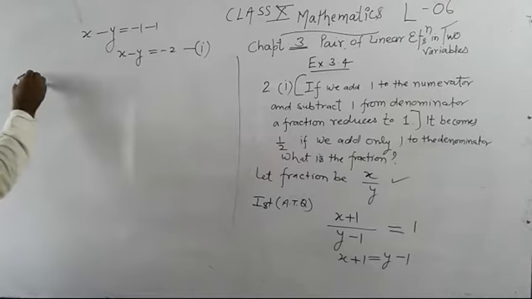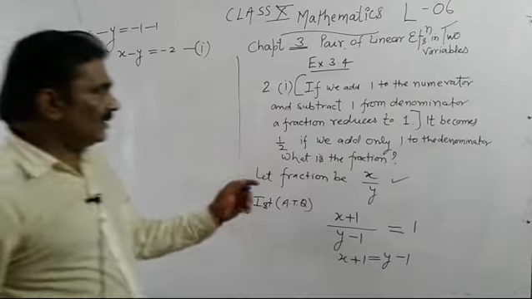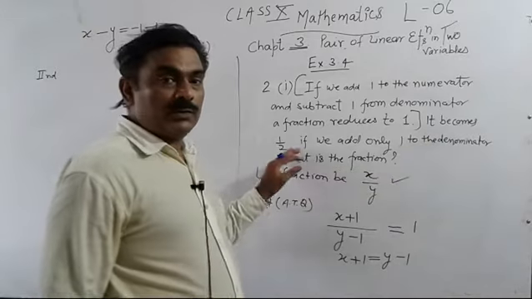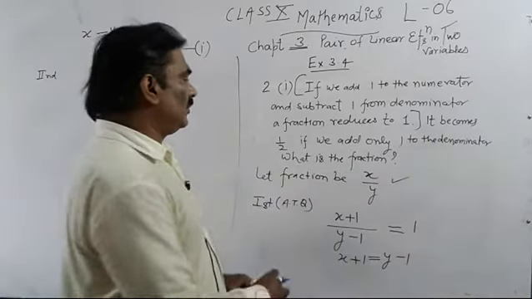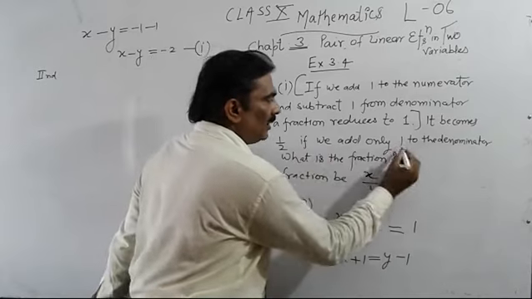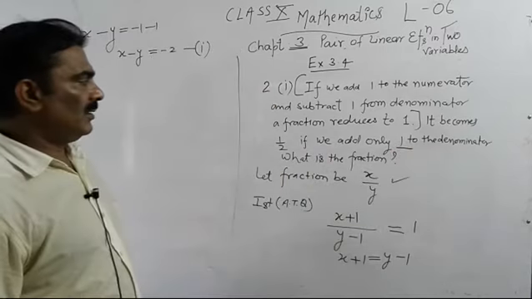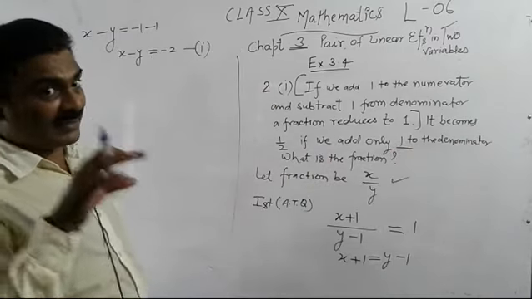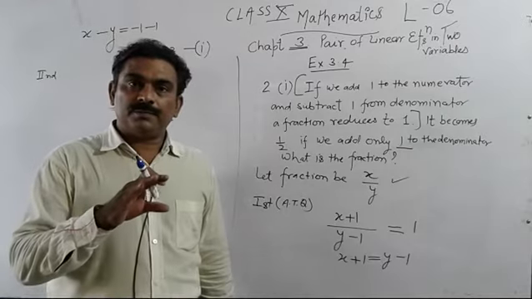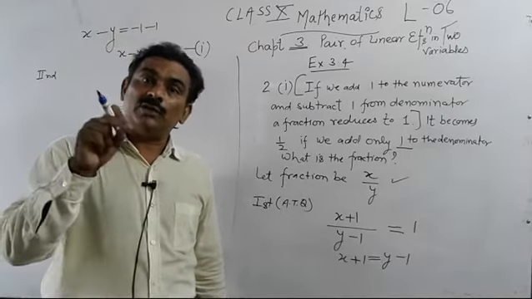Now the second condition, it becomes 1 upon 2. The fraction becomes 1 upon 2 if we add only 1 to the denominator. Means in this second case you have no addition to the numerator.